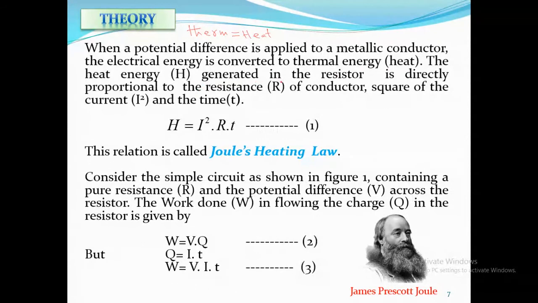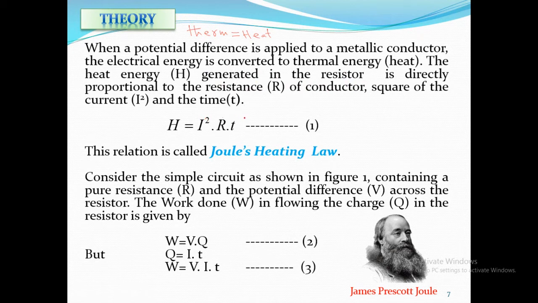The heat energy is generated in the resistor. Keep in mind that any type of electrical or electronic component has some sort of resistance to the flow of the current through the circuit. So heat is directly proportional to the resistance, the square of the current flowing through it, and the time.